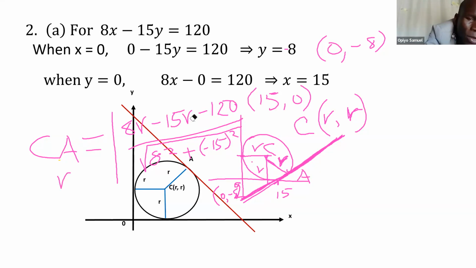So when you manipulate this, you come out with the value of the radius, which is 12. So that is for number 2. And it's important that you translate the word problems into diagrams to help you see exactly what the problem looks like. So that is for number 2.